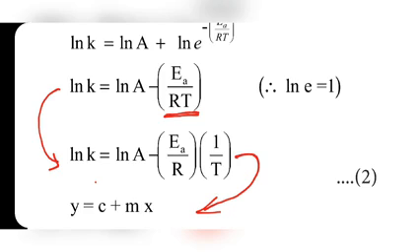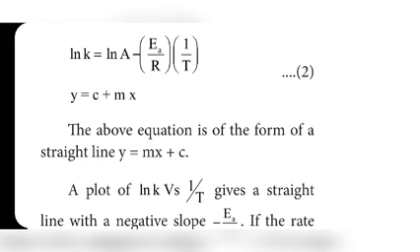Already you have studied in your lower classes in maths. For a straight line the equation is y is equal to mx plus c. Here c is a constant and m is a slope.